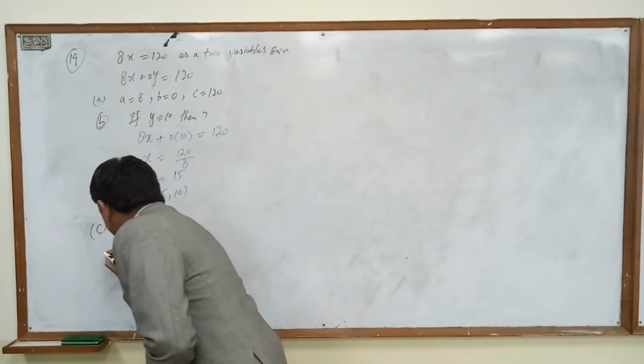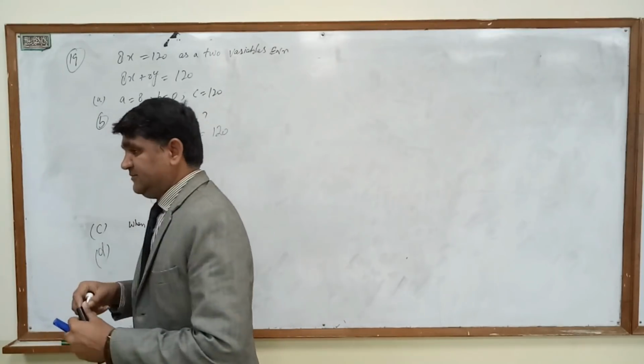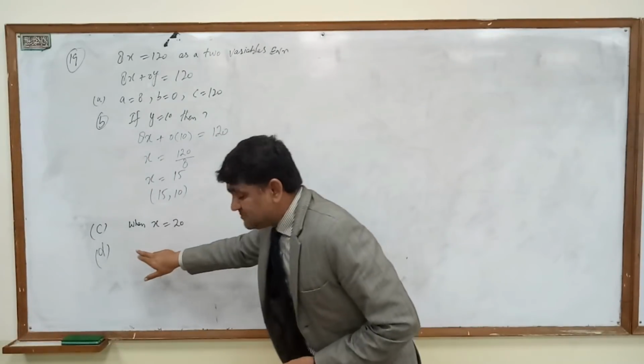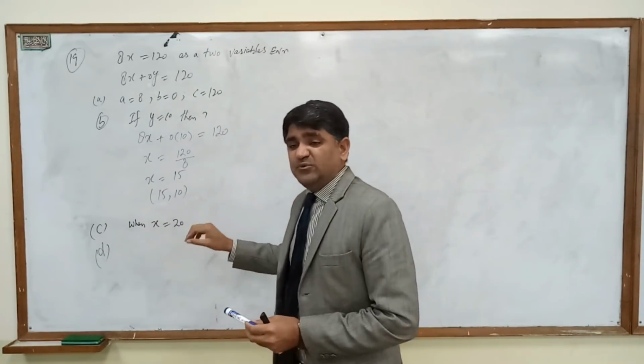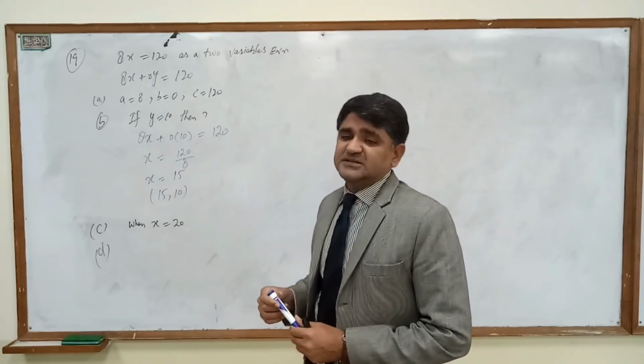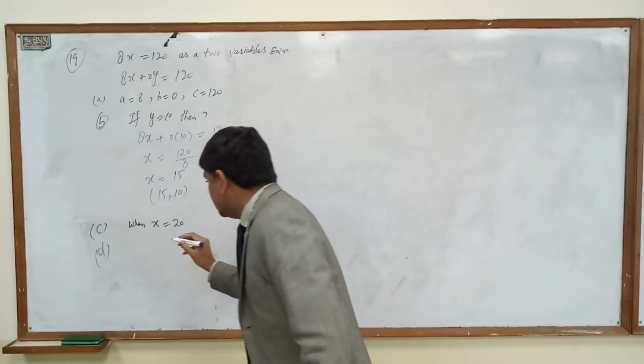So in part B, what do we have to define? We can say x must be equal to 15 with any value of y can be a unique solution set which can satisfy the equation.